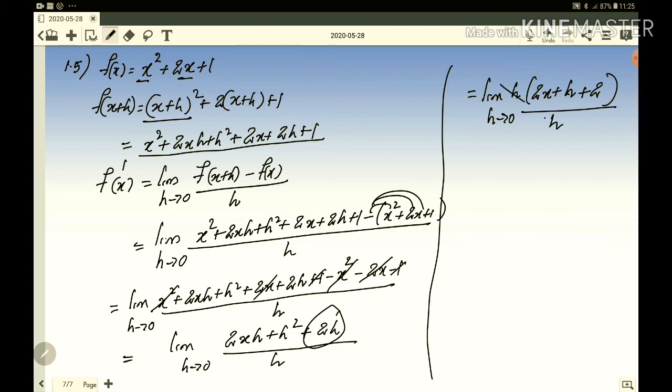Now we can cancel it, then apply the limit, which means h becomes 0. So 2x plus 0 plus 2. So the final answer is 2x plus 2.